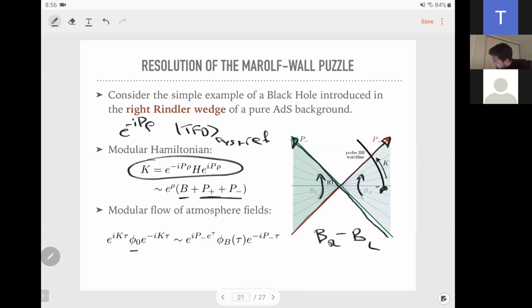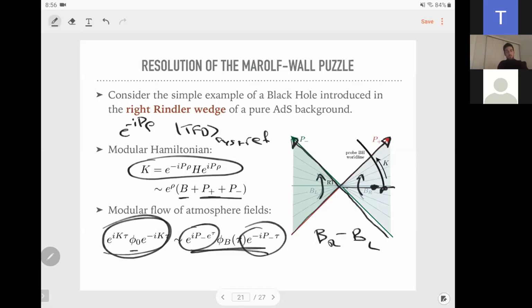So if I take an operator out here, in the original slice, and I evolve it with the modular Hamiltonian, then at sufficiently late times it will look like this, where the important thing to notice is that this operator gets translated along this left-moving null direction, and therefore at some point it inevitably crosses the right horizon.